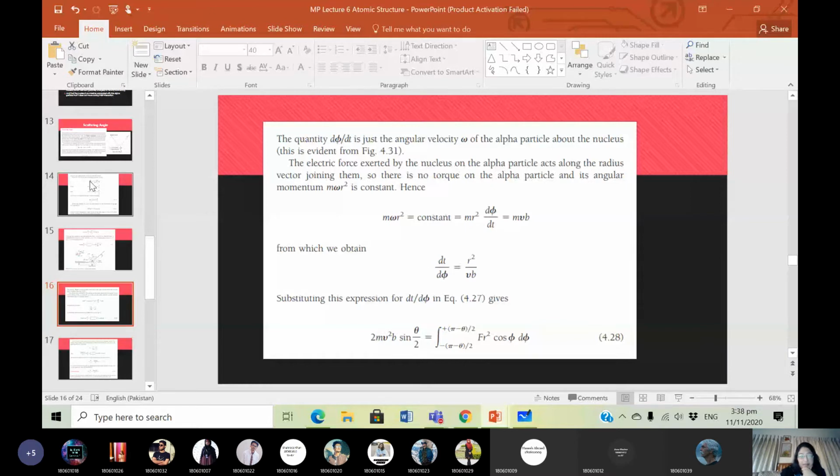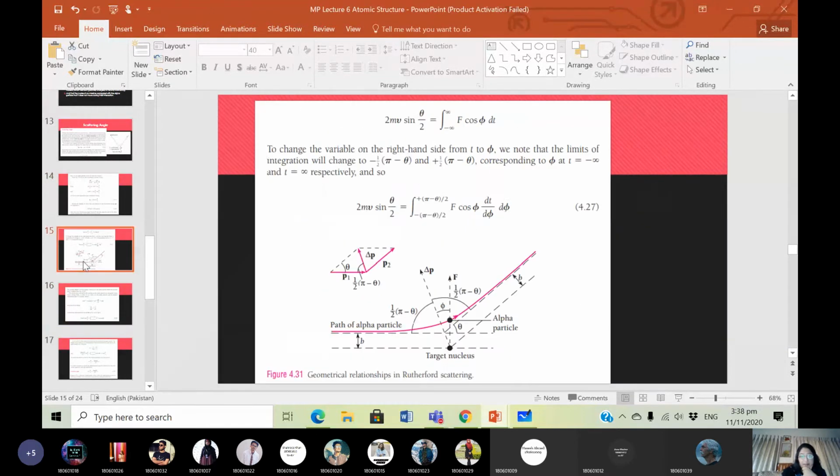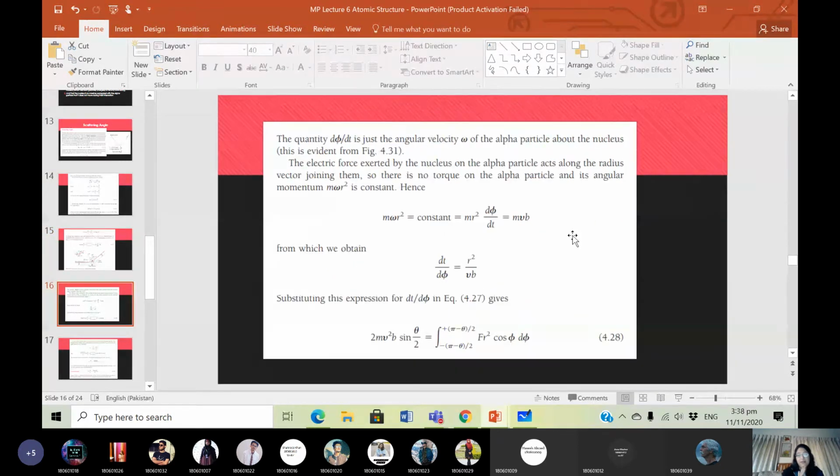Substituting this expression, we had dt by d phi in this formula before. Now we want an expression for dt by d phi, so that is exactly what we have done here. So dt by d phi gives us this expression. Now we will put it back in here.